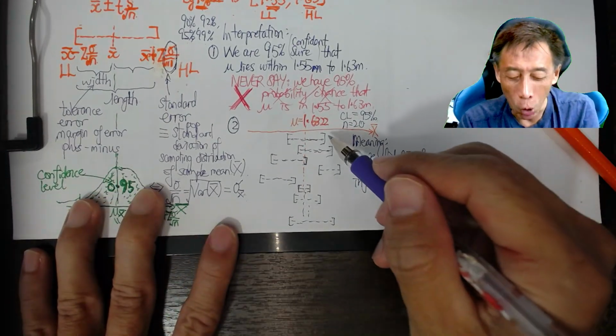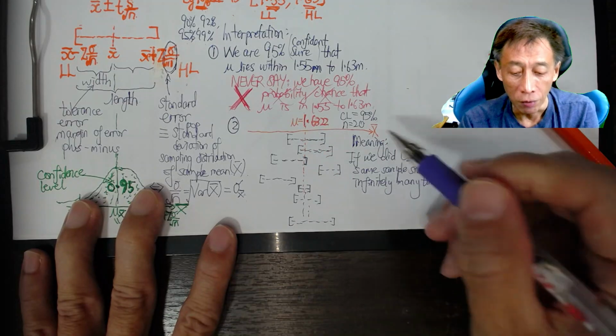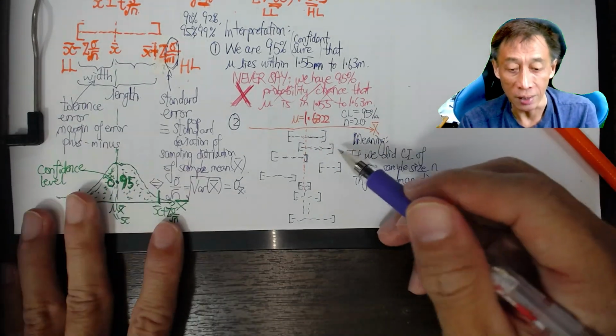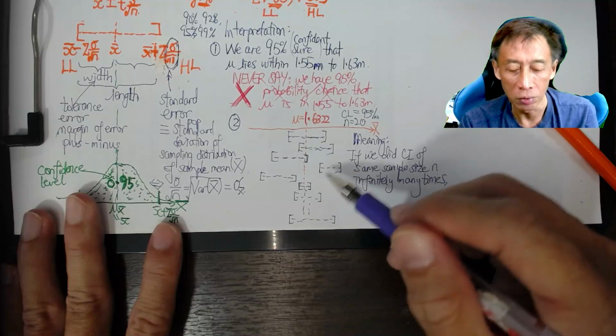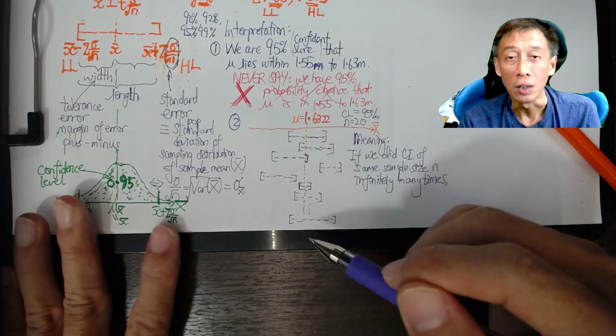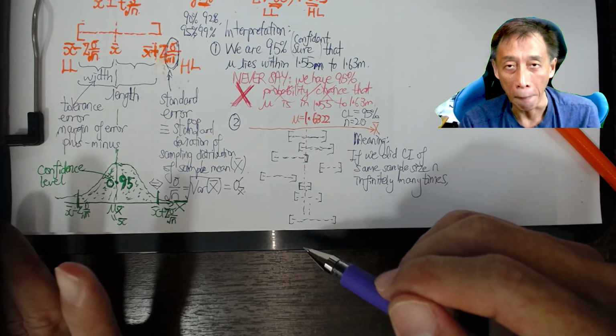If we did only 100 times for a 95% confidence level, we are going to say that 5 of these intervals out of 100 will not contain mu.